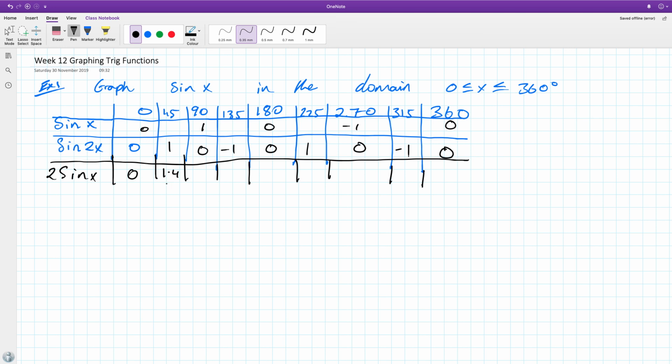Round to 1 decimal place. And we should be getting those values: 0, 1.4, 2, 1.4, 0, minus 1.4, minus 2, minus 1.4, and 0.